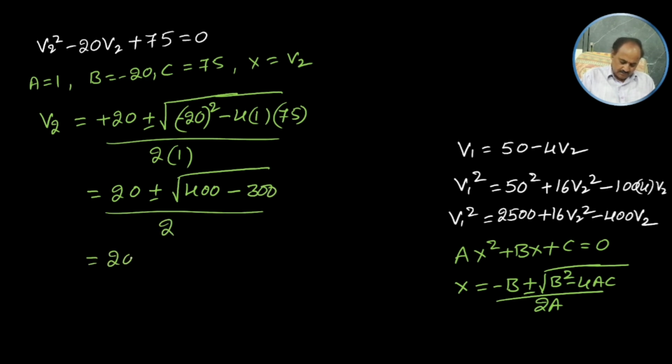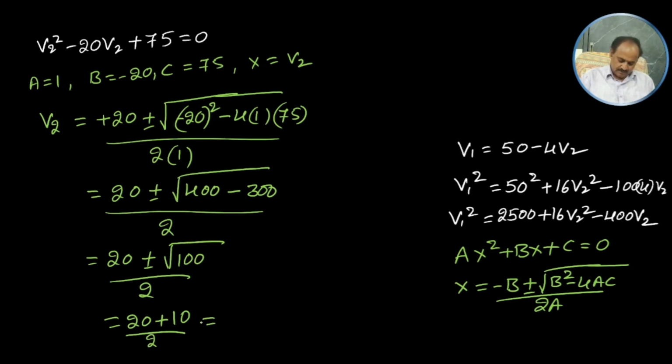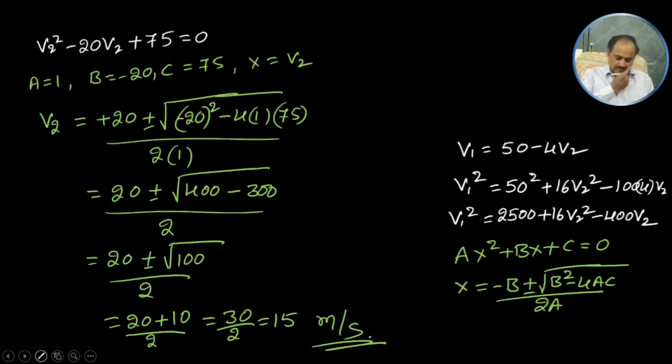It is 20 plus or minus root over 400 minus 300, 100, by 2. Root over 100 is 10. So 20 plus 10, 30, by 2 equal to 15. 15 meters per second, that is the V2 value.